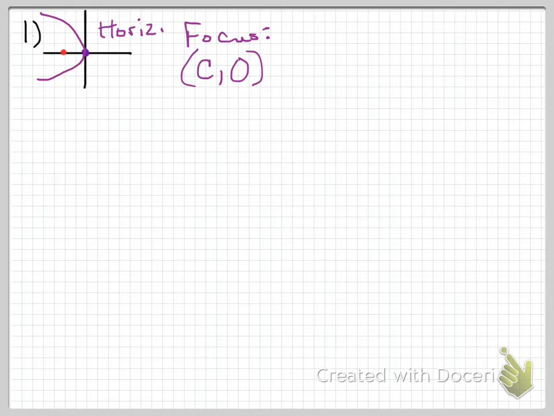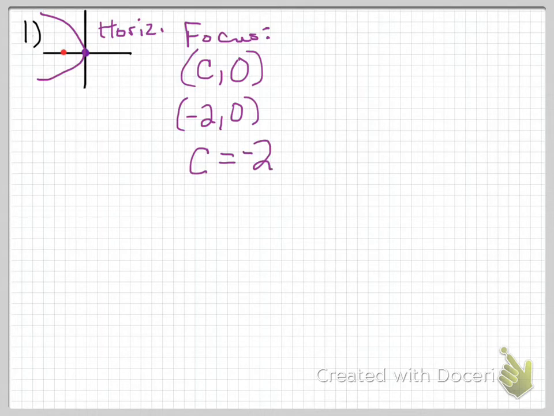And the y remains 0 because our vertex is at our origin. So our axis of symmetry is y equals 0, so that would be our 0. Now, -2, 0 is our focus. That means c is equal to -2.